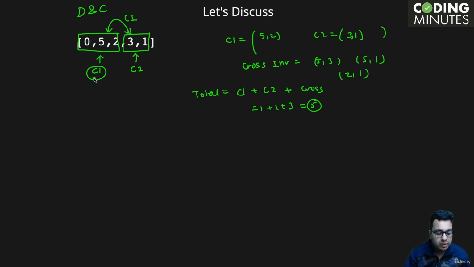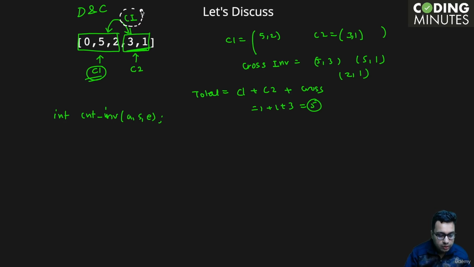Suppose we have a recursive function, int count inversions, that takes an array, start and end. If we call this function on the left part, it will give us C1. If we call it on the right part, it will give us the inversions in that part of the array. But what about cross inversions? That is the most tricky thing to do in this particular problem.